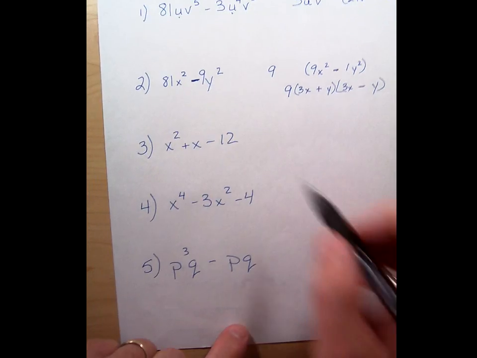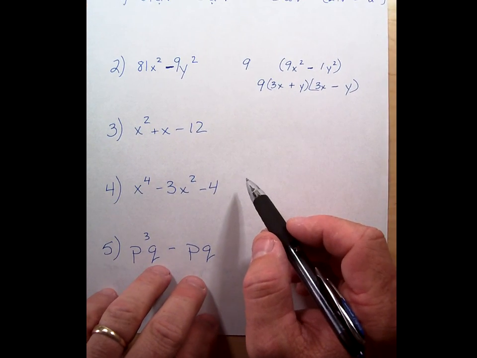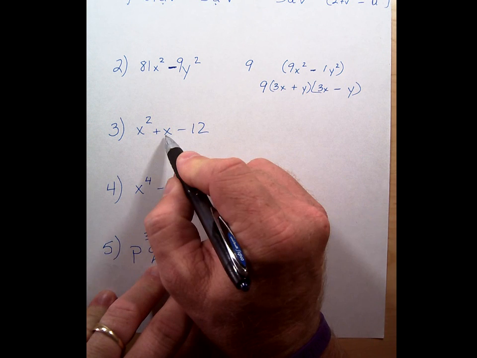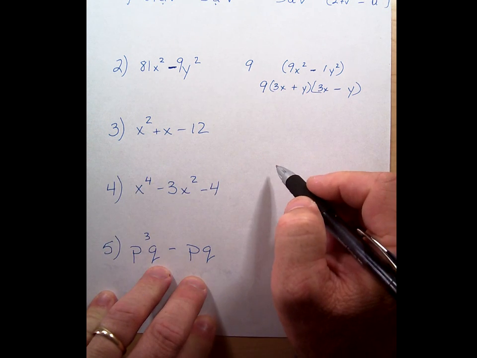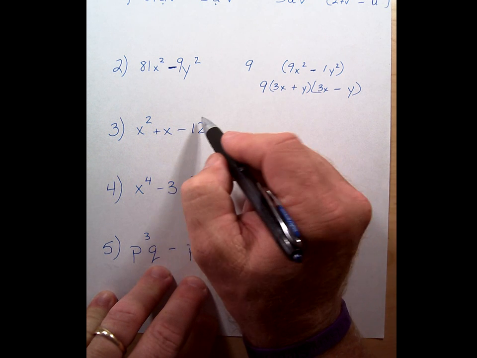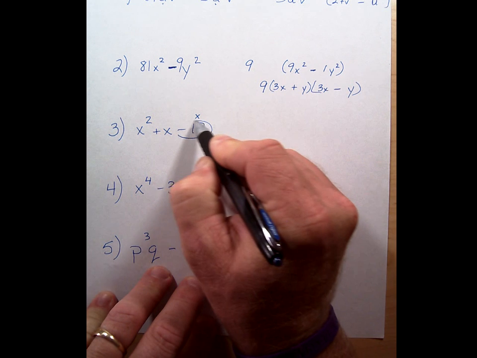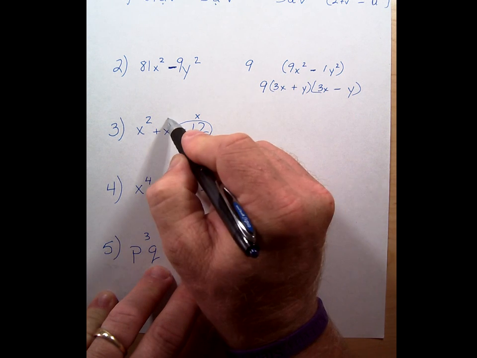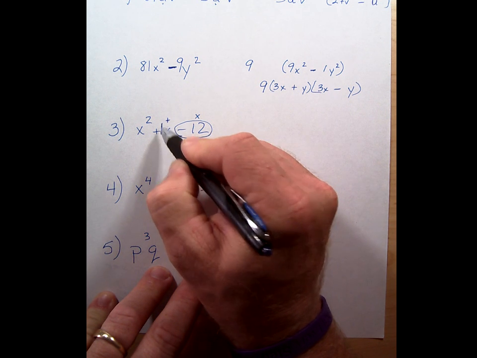Now we go to the third one, and we have 3 terms here. 2 plus, a plus and a minus, so 1, 2, 3 terms. So this is where we play the game. We're looking for 2 numbers that multiply to give you negative 12 and add to give you this value here, which unwritten is 1.